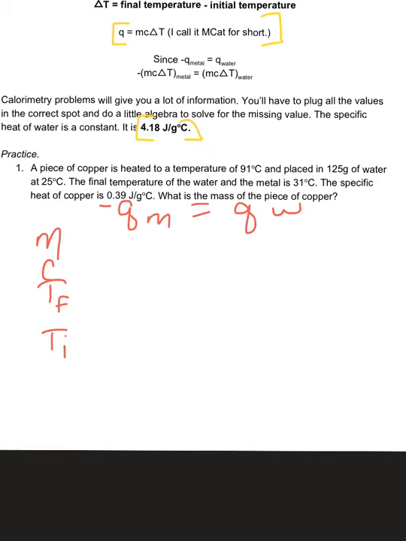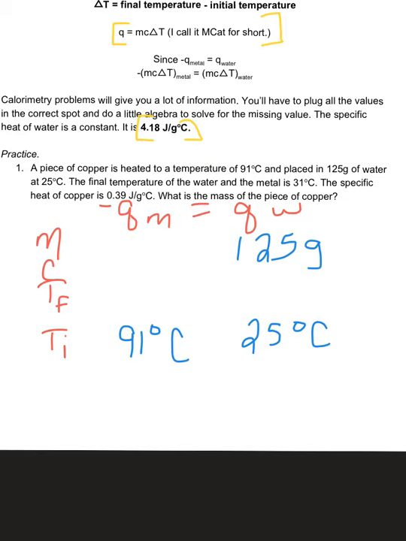So it says a piece of copper is heated to a temperature of 91 degrees Celsius. That's our initial temperature for the metal. Placed in 125 grams of water, that'll be our mass for the water. At 25 degrees Celsius. 25 is the initial temperature of the water.